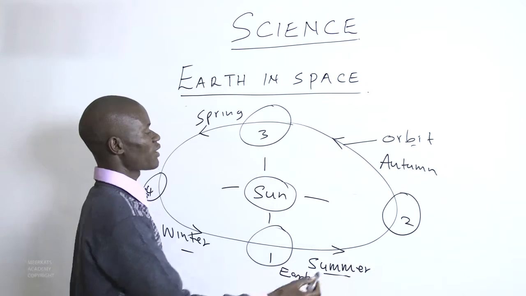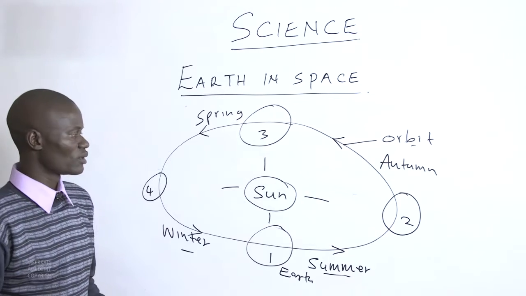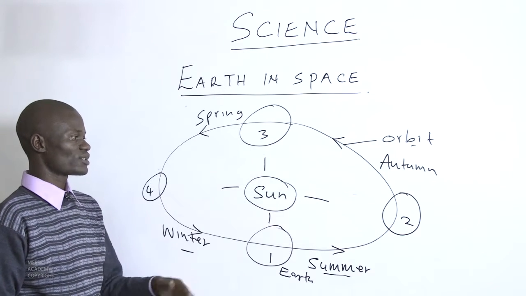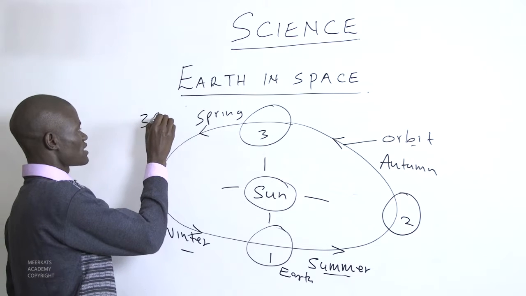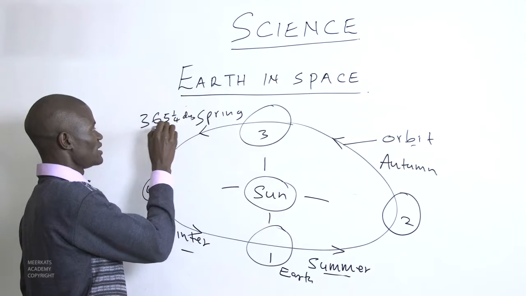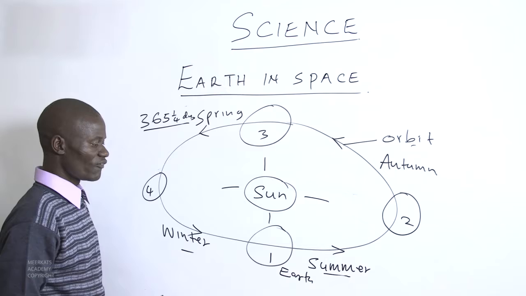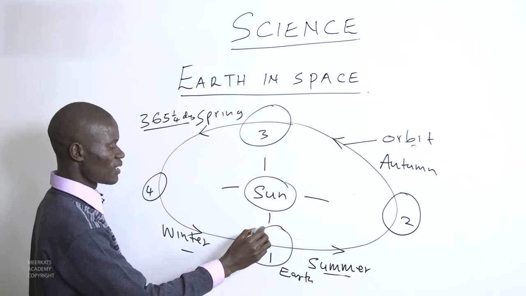These seasons are always an effect of the revolution of the Earth around the sun. A whole complete revolution takes around 365.25 days. For example, in the season of summer, this is where the Earth is.